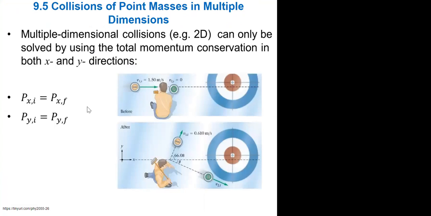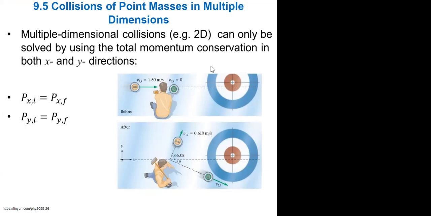So I think I have mentioned that for collisions, many times it's not just as simple as one dimension. It could be two-dimensional or sometimes three-dimensional. But we'll take a look at the two-dimensional collision here. For example, this object collides with this object, which is initially at rest.